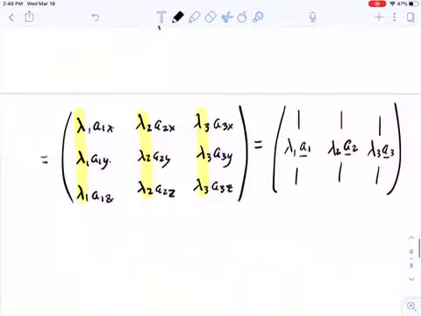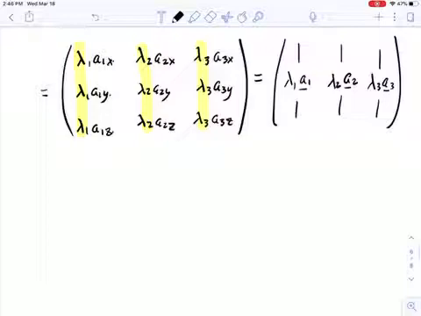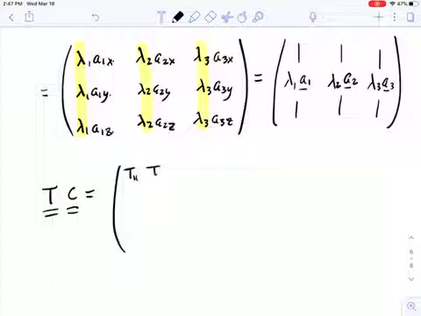Let's now remember our original matrix that we started with was T, and it was completely arbitrary, so it has no non-zero elements. Then let's multiply that by C, which was our matrix constructed out of the eigenvectors. Again, lots of writing. So here are all the elements of T, and we're being completely general here.